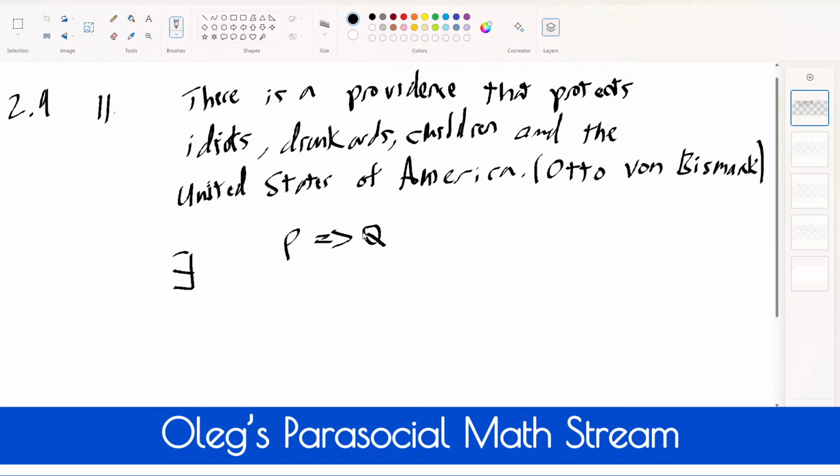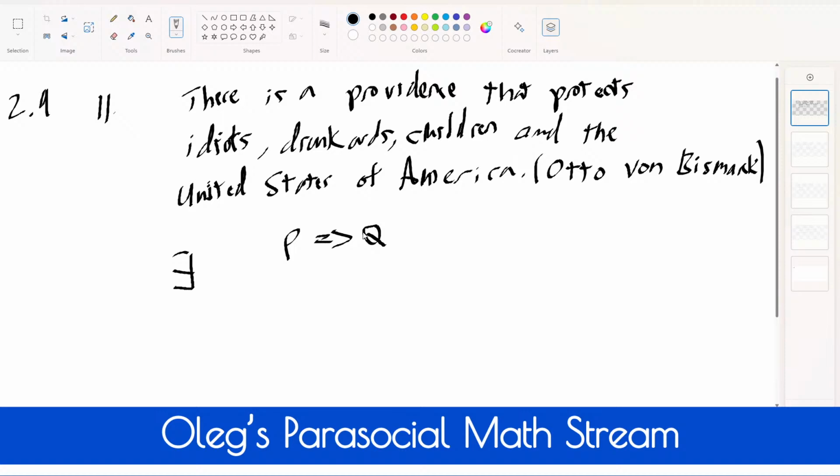There is a providence P, comma. Okay, we have a set here. This is a set. We're gonna use fact 2.2 on page 58.